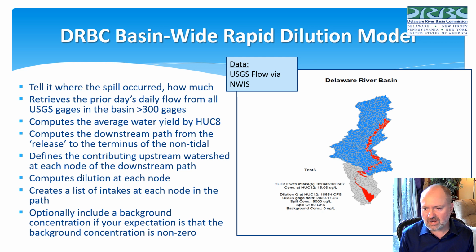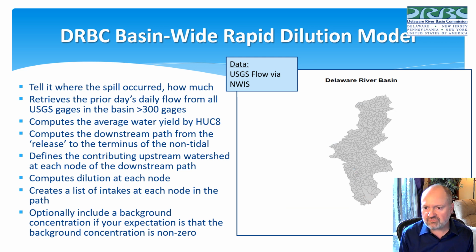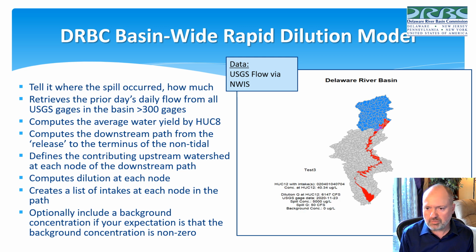So it will figure out where that spill is going to flow through the system. And then for each node in that flow path, it will compute the dilution based on the watershed area to that location. And again, this is all highly date specific.